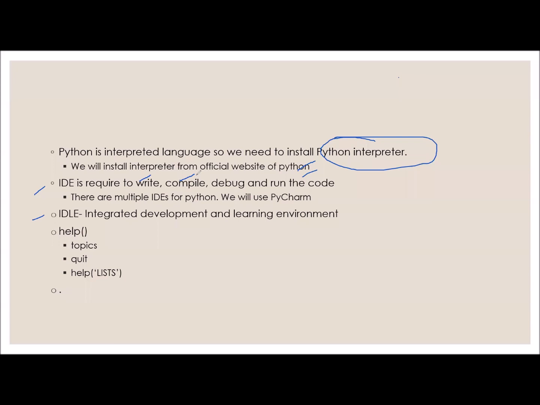We are changing the English language to binary language, and we can debug whether that binary, converted from English, is correct or not. We can debug it and run the code. In this IDE, we can save the program and modify the program. Different IDEs are available in the market for Python, like PyCharm and Sublime. PyCharm is the most popular, so we use PyCharm for programming.